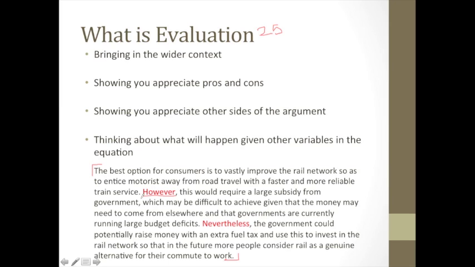But I'm going to throw in a however here, the key analytical phrase really. However, there are other variables in play, or other situations which need appreciation, or other sides of the argument, or pros or cons to this point, or a wider context which needs appreciation.